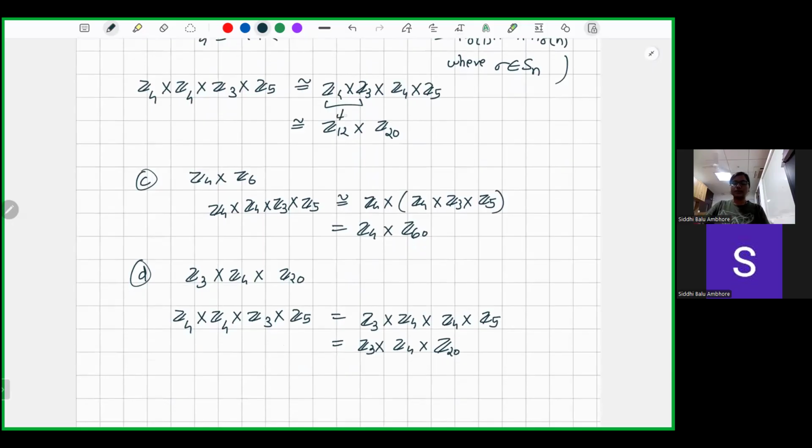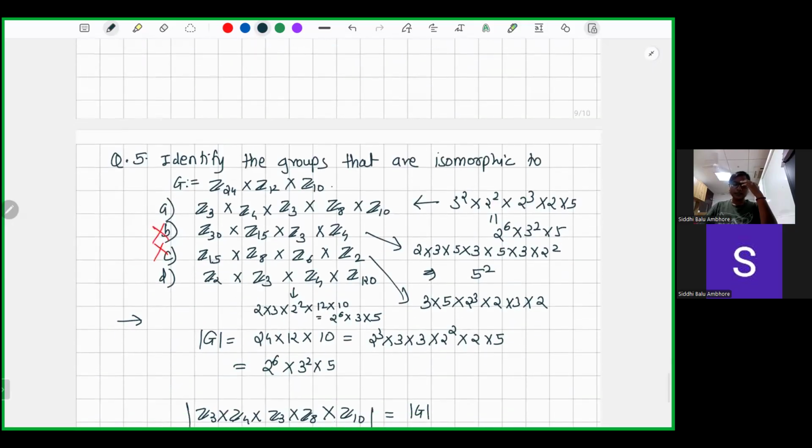The exponent of this group and this actually remained the same. So what is important is that we need to check the exponent of the group in order to check whether the given group is isomorphic to the groups given in the options.